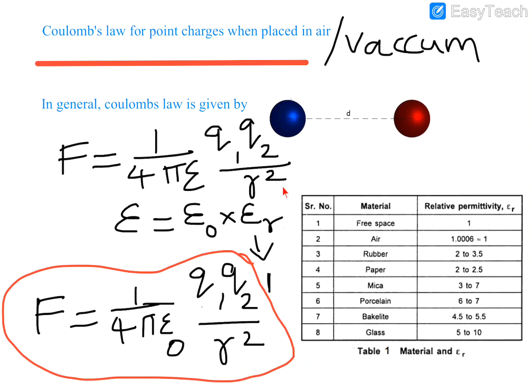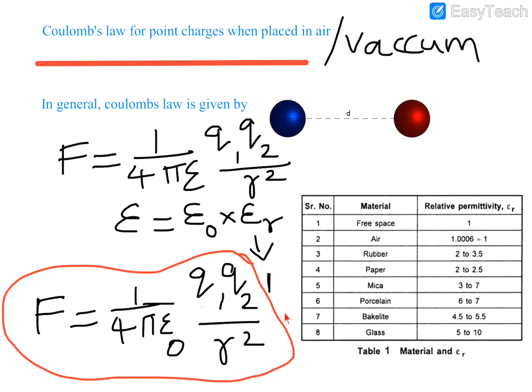In general, F is equal to 1 by 4 pi epsilon q1 q2 by r square, but epsilon is equal to epsilon 0 into epsilon r, and in the case of air, epsilon r value is 1. In the case of free space also, epsilon r is equal to 1. So 1 into epsilon 0 is epsilon 0, and hence this epsilon can be replaced with epsilon 0.